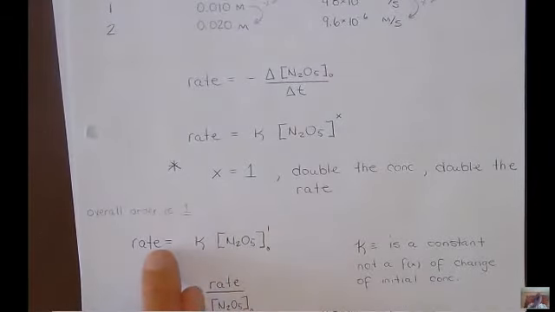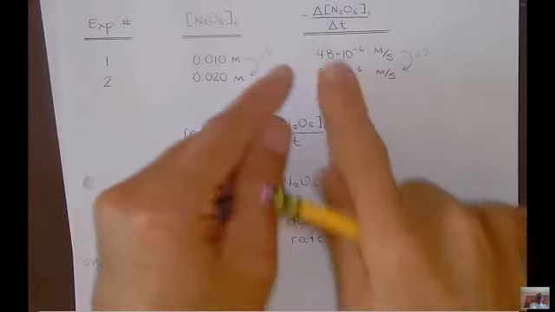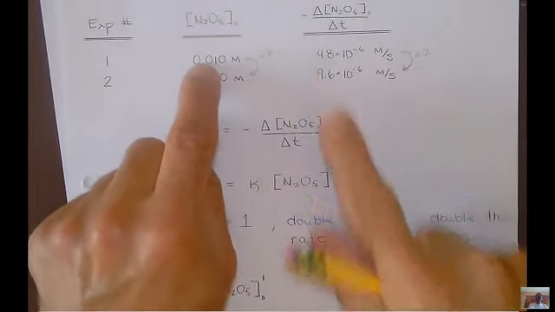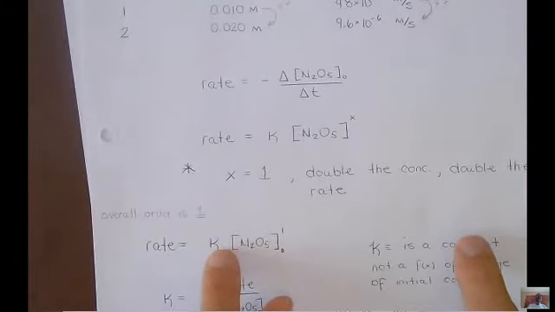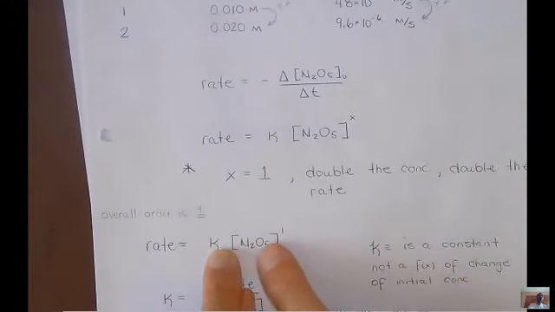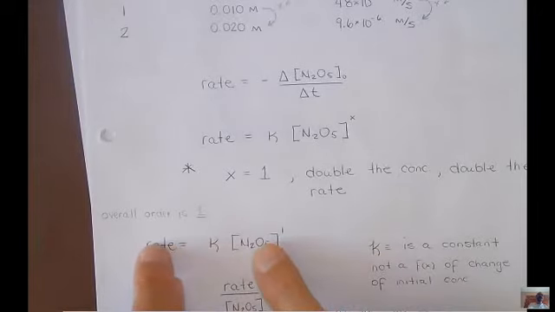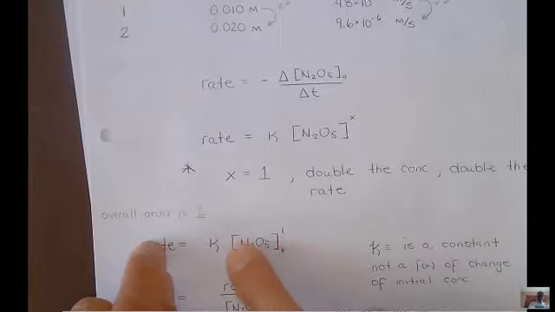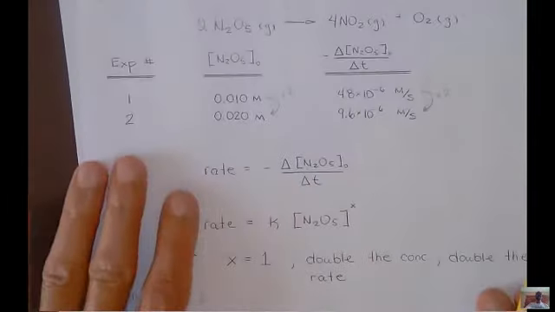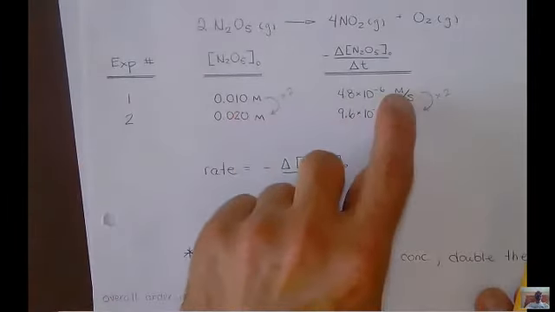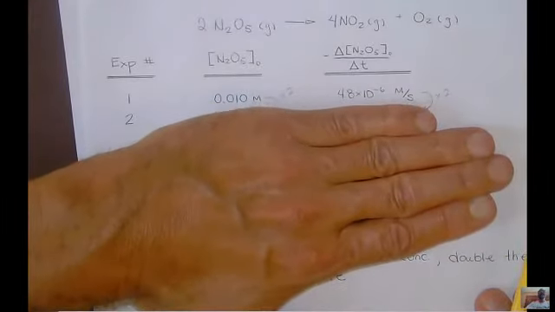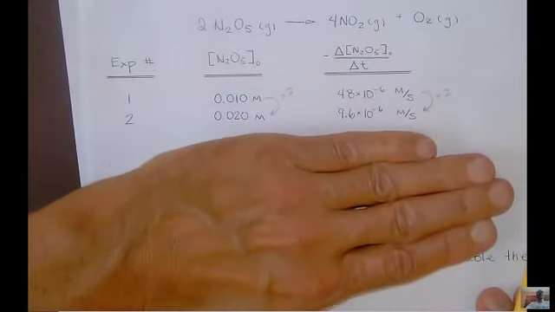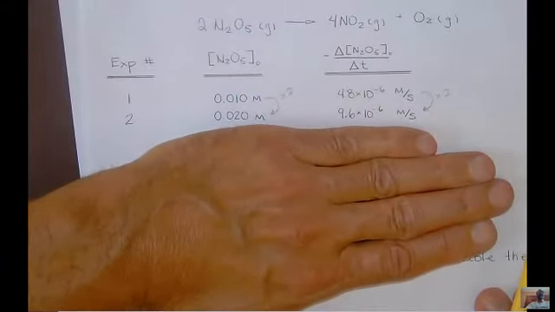Now that I know the rate at a particular concentration and I know the rate law, look what I could do. I could figure out what K is by taking one of the experimental results for rate along with the concentration that gave you that rate and solve for K. You should get the same value for K whether you pick the first experiment and plug in the data, now that you know the rate law, or the second experiment and plug in the data.